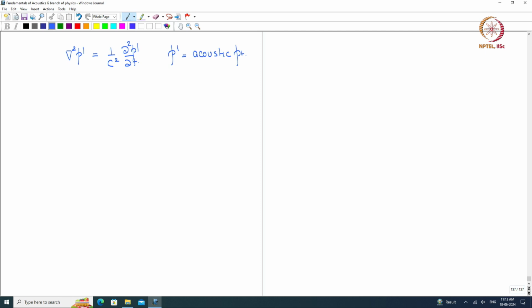p dash is now the acoustic pressure. Okay. So now we have B, which is rho 0 del P by del rho at 0 comma S0. Okay. So this is the adiabatic bulk modulus.